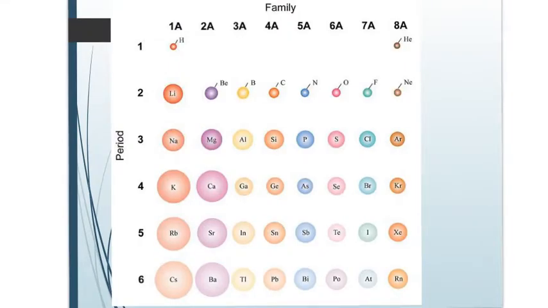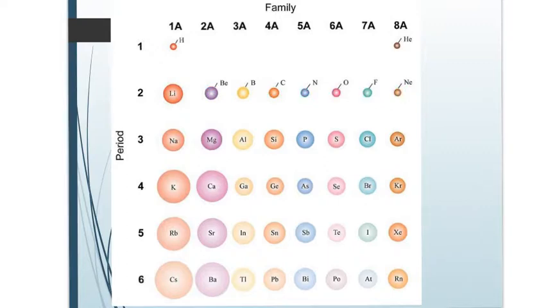This is an excellent image showing the size of atoms that we find in the periodic table. As we start, here's hydrogen. It has 1 electron and 1 proton. So it's our smallest atom. If we look down here at cesium, it's ginormous. As we go across the periodic table, we add protons and electrons.